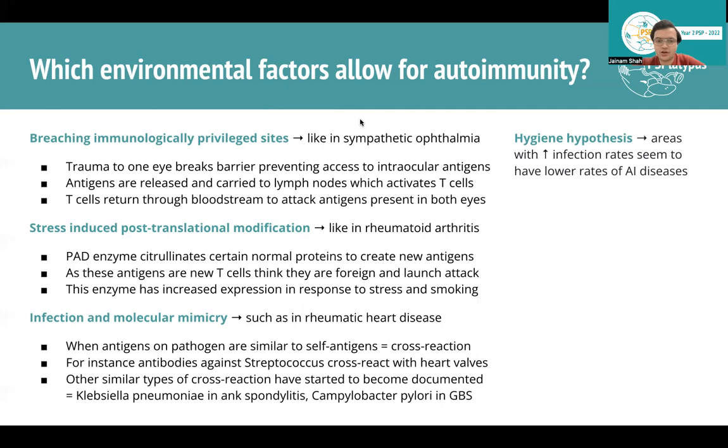The antigens on streptococcus, for some reason, are very similar to the antigens present on the heart valves. So the antibodies that are produced against the bacteria can also attach to the heart valves, and then your body, because it doesn't really see what the antibody is attached to, just attacks anything that is flagged for destruction. So it's going to attack the heart valves and lead to all sorts of valvular disease.